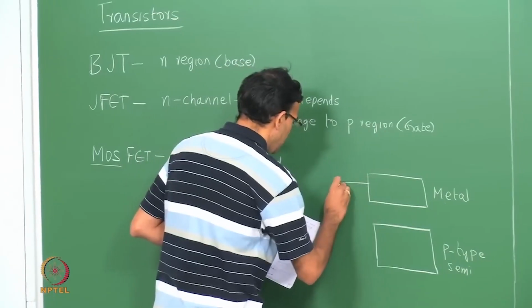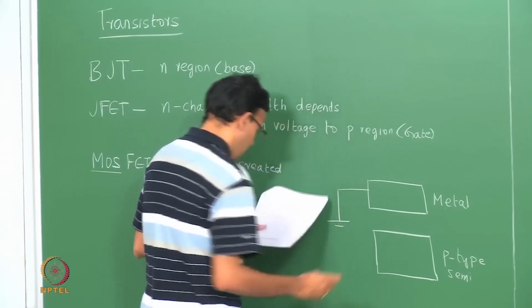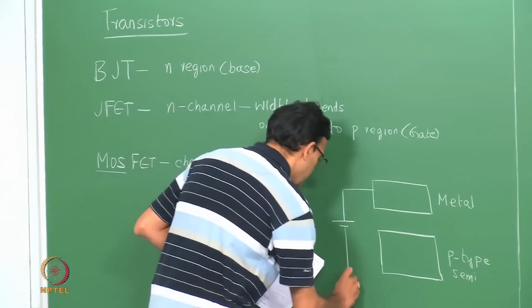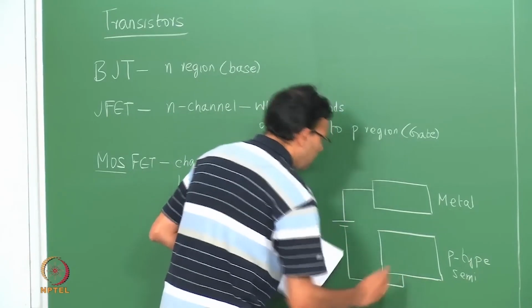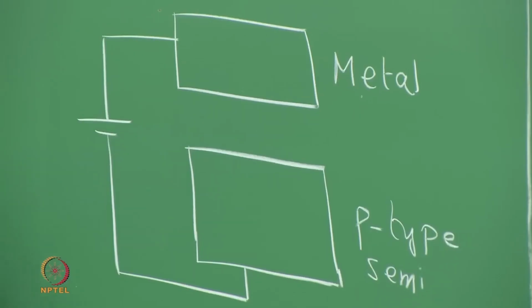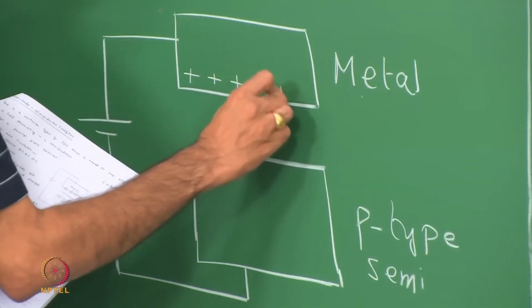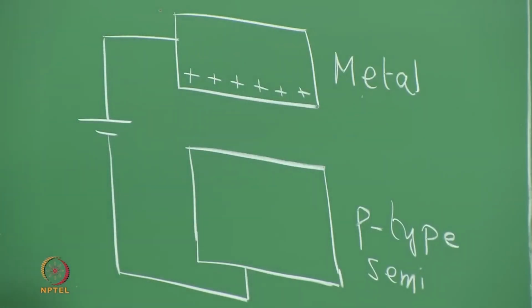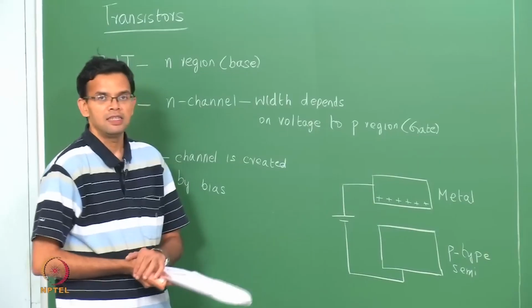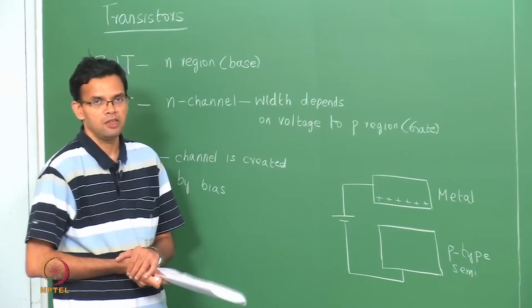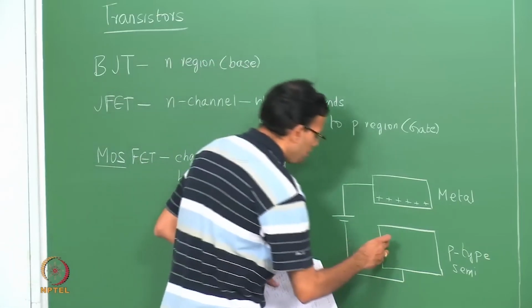So the metal is connected to positive, and the p-type semiconductor is connected to negative. In this particular case, you have a positive charge on the metal side. Now there is a negative charge that extends through the p-type material, not only at the surface but also some width within the junction, within the bulk.